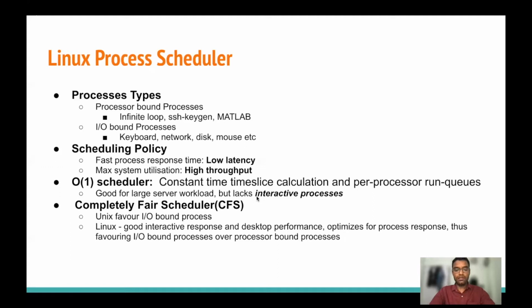So later the Linux community came up with the completely fair scheduler, which had good interactive response as well as supporting processor bound processes, but it favors the IO bound processes. We will discuss it more in the coming slides.